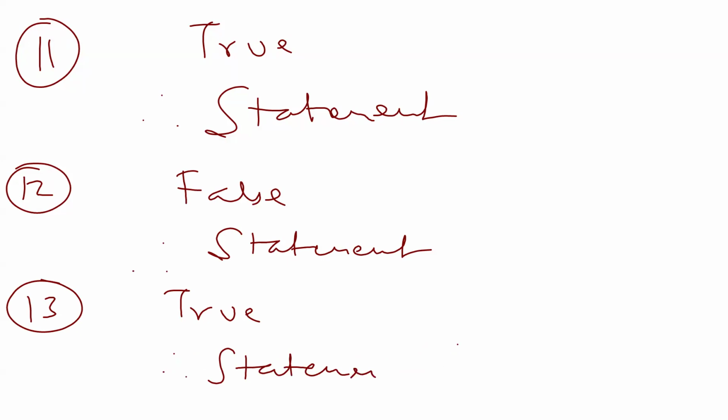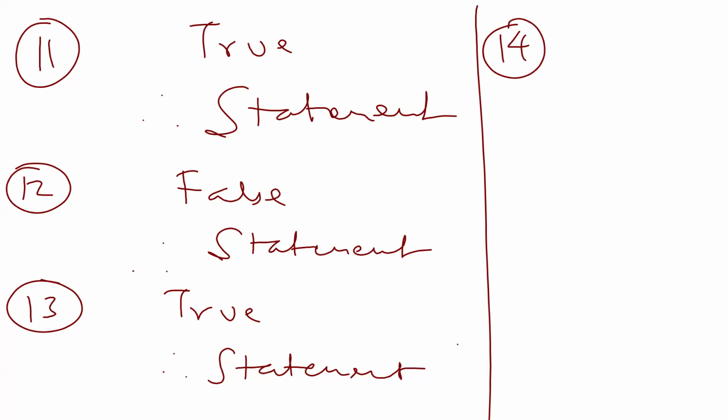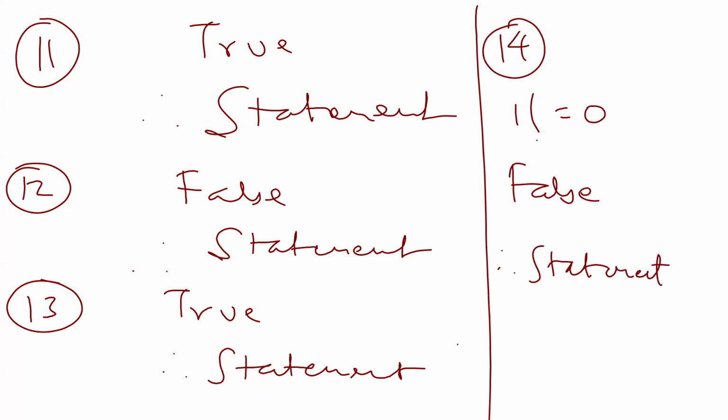Therefore, it's a statement. 14: 1 factorial is 0. False. 1 factorial is 1. We have done this in permutation and combination. 1 factorial is 1, 0 factorial is 1. It is false. Therefore, it's a statement.